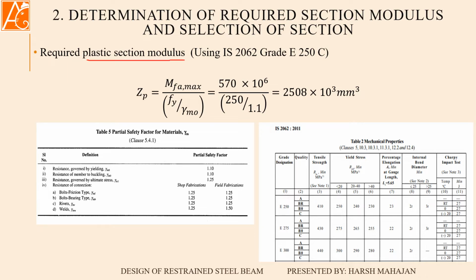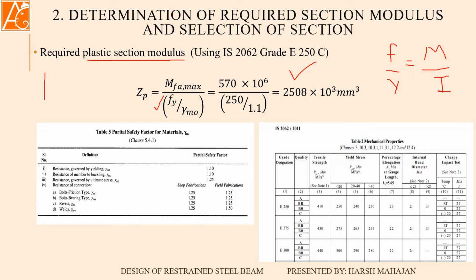So this is our basic bending moment, bending stress equation. I by y is our Z. So just dividing the moment by factored strength, we can find out the required plastic modulus.